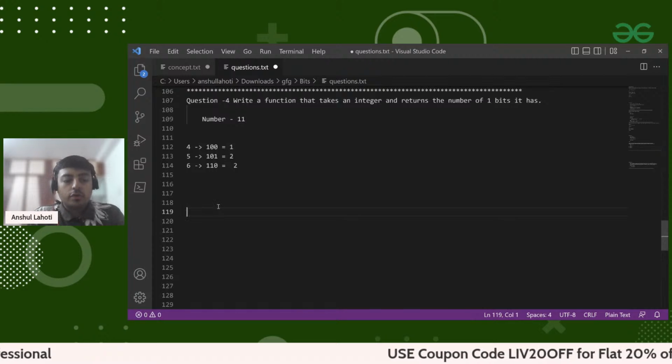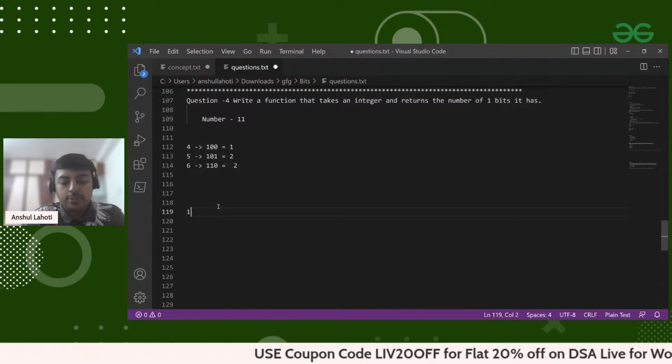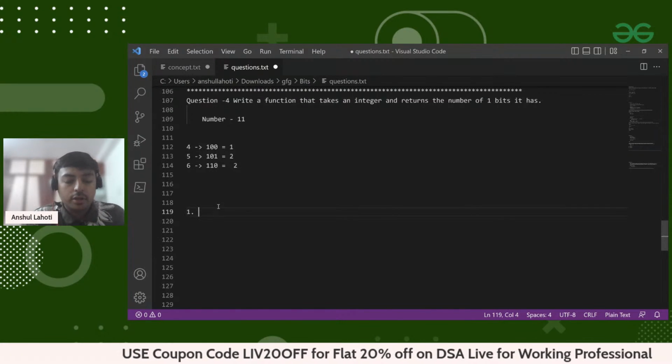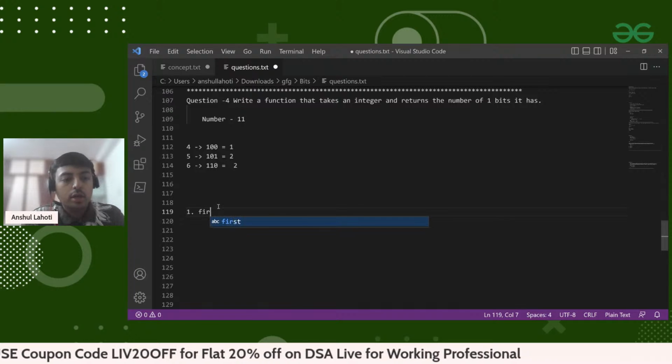So what steps will we do in the first solution which comes to mind? I am writing those steps.